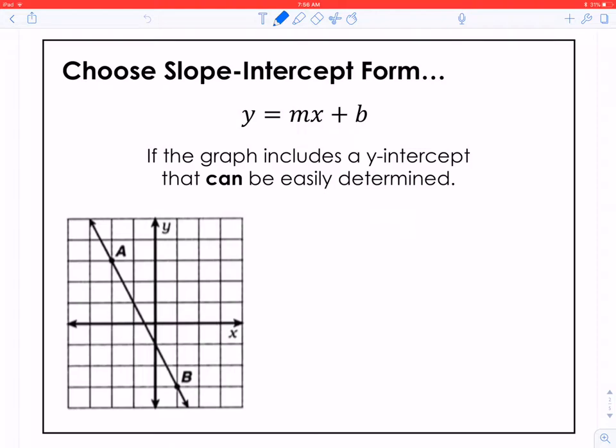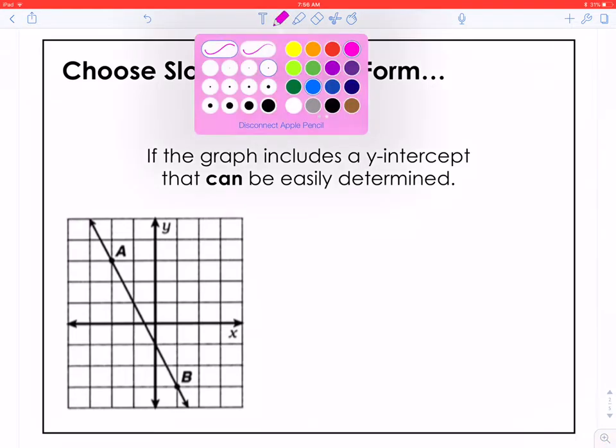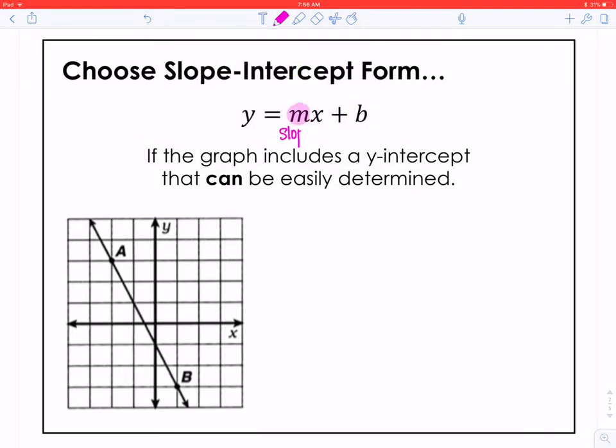In slope-intercept form, we know m is our slope, and we know that b is our y-intercept. And so those are the two pieces that we need, a slope and the y-intercept. And we know that from the phrase slope-intercept form. It tells you exactly what you need.